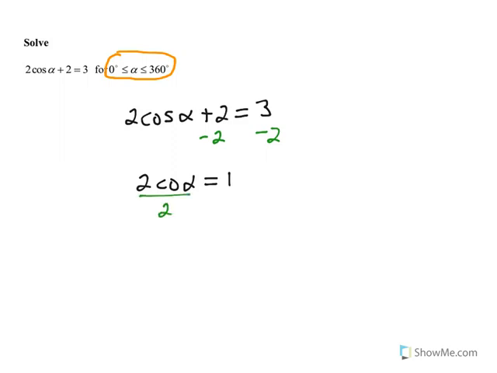So we'll divide by 2 and divide by 2. Your 2's will cancel, so you're left with cosine alpha equals a 1 to 2 ratio. And to get alpha by itself, we want to do inverse cosine of both sides, so that gets alpha by itself.